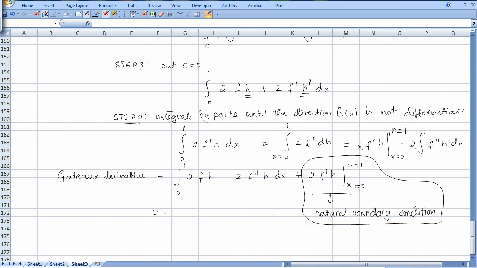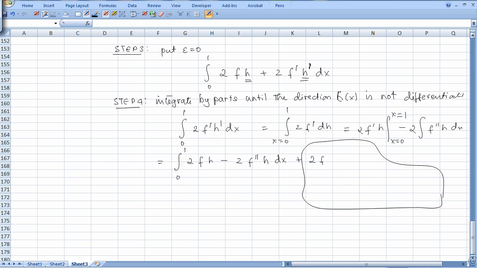This is equal to integral 0 to 1 of 2f minus 2f double prime h dx plus this thing.